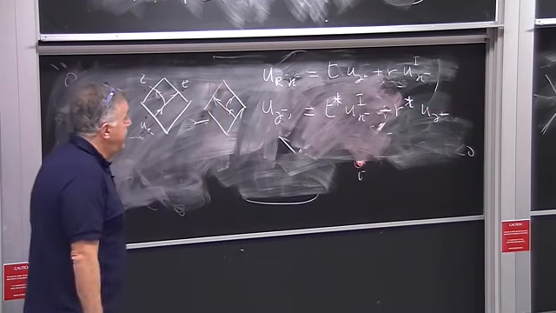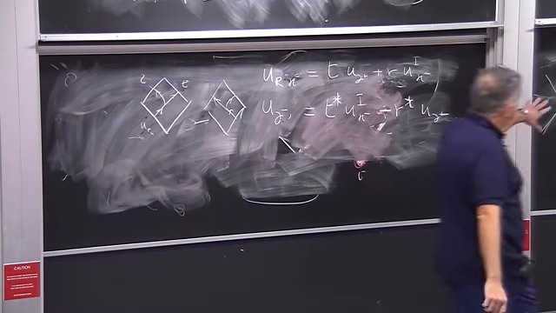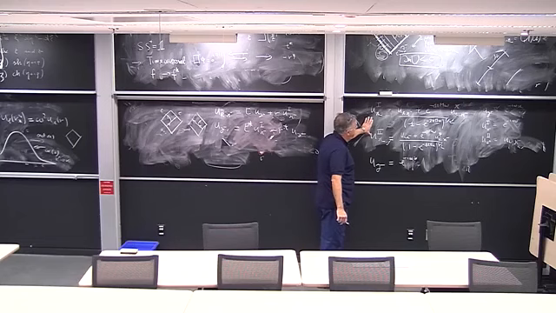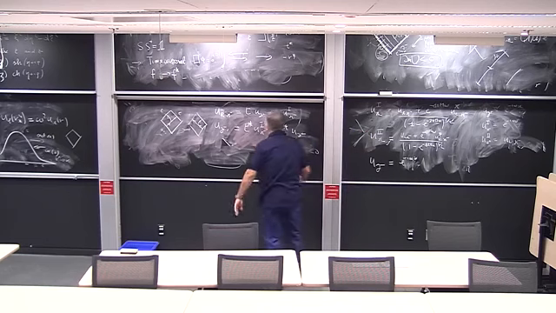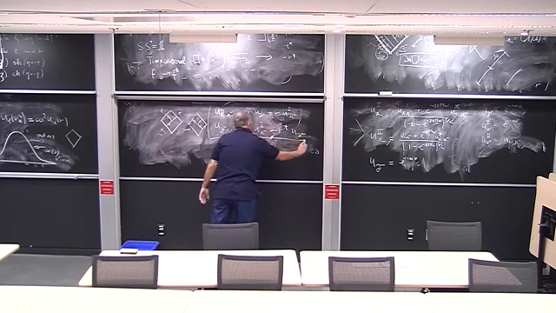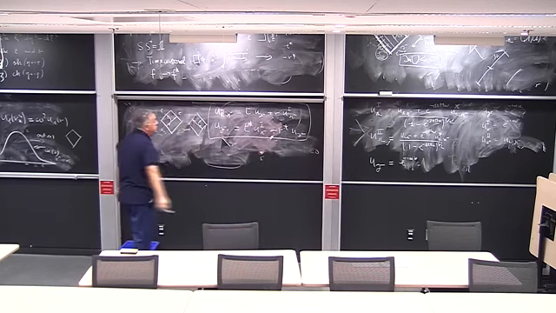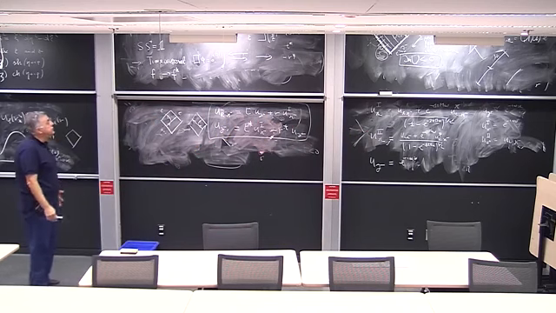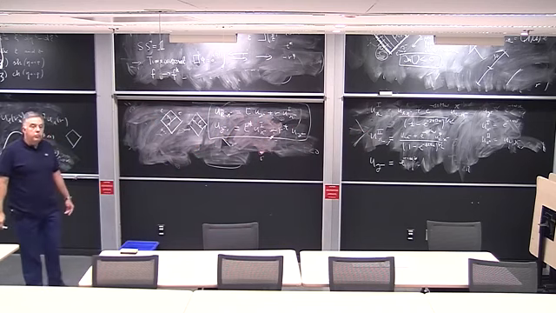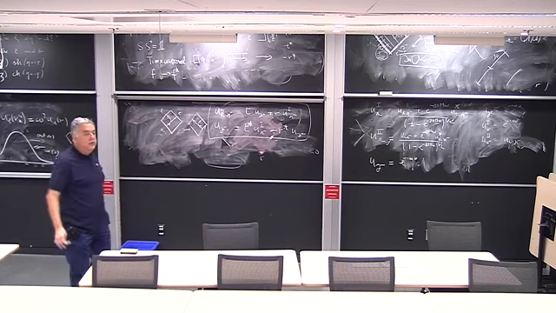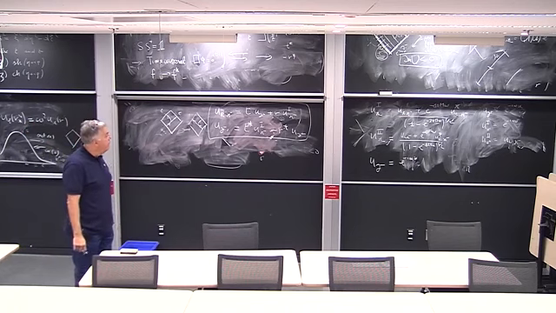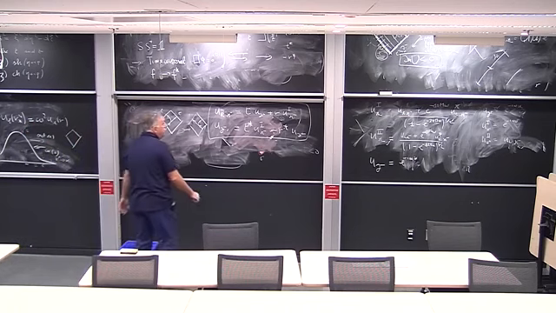Okay. So these definitions plus scattering in the Schwarzschild region allow us to write the Bogoliubov transformation. It's already written there.